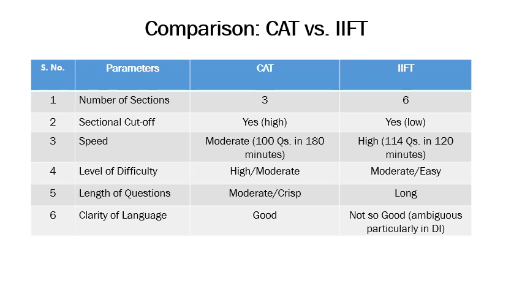As far as clarity of language is concerned, the CAT language is fantastic, while in IIFT the language is rather ambiguous, particularly in DI, and that becomes a challenge in itself.